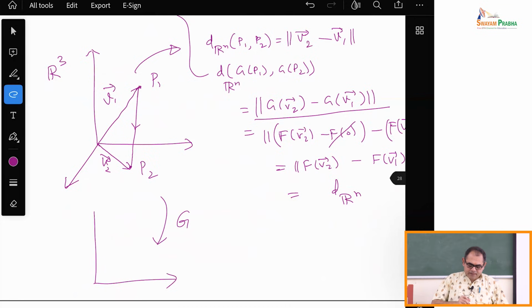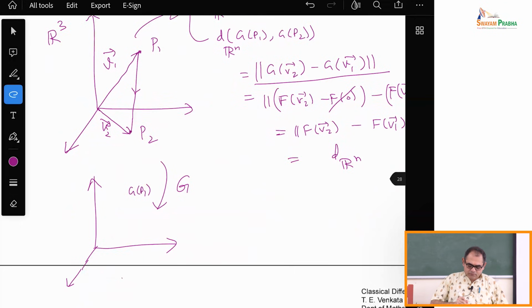It is going to map P1 to GP1, P2 to GP2, and this vector will be the position vector of G of P1, and that is going to be just G of V1, and this vector is going to be G of V2, and this vector will therefore be the position vector of GP2 minus position vector of GP1, right?